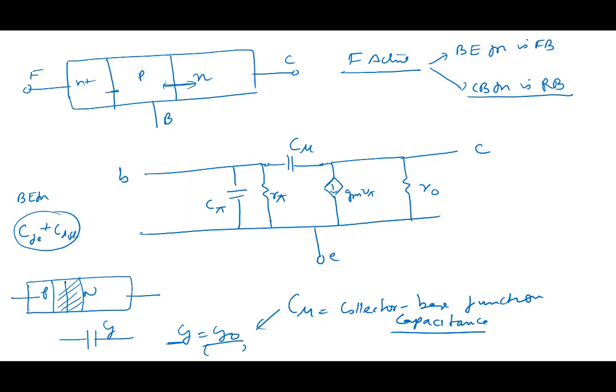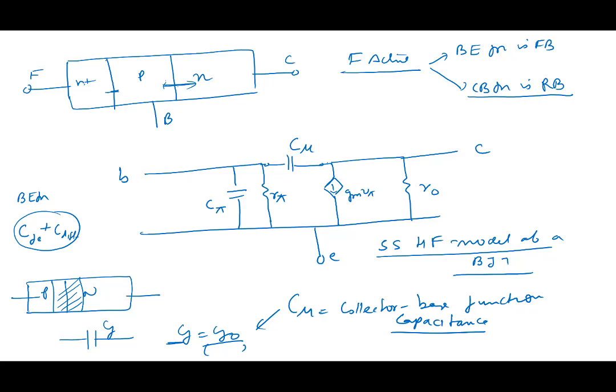So now this is becoming a high frequency model, the small signal, high frequency model of a BJT, because we've added capacitances to it also.